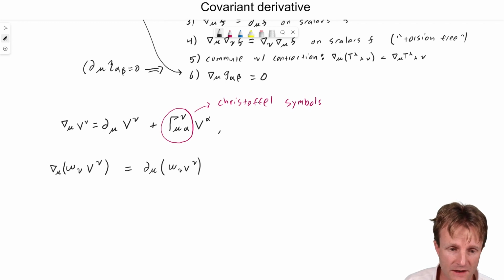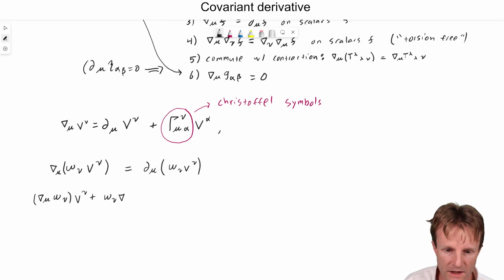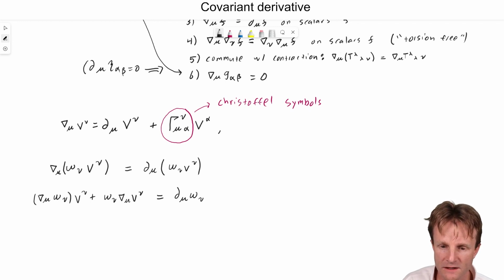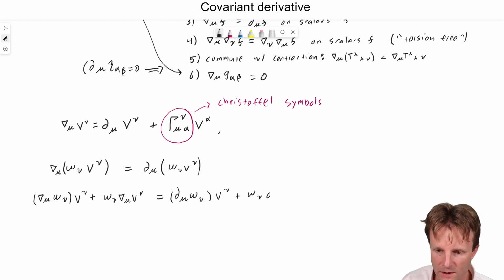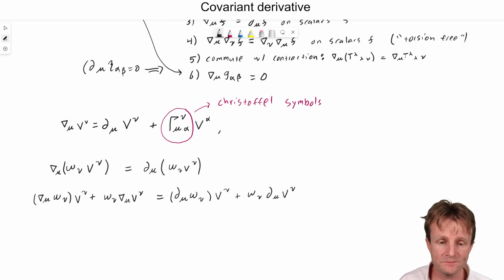So the left-hand side can be written as del mu omega nu v nu plus omega nu del mu v nu. And similarly, the right-hand side can be written partial mu omega nu v nu plus omega nu partial mu v nu.